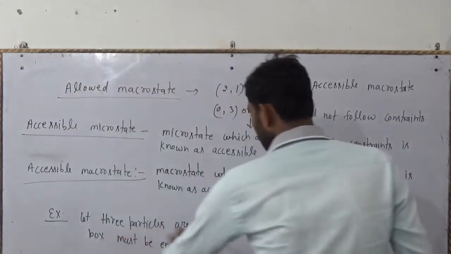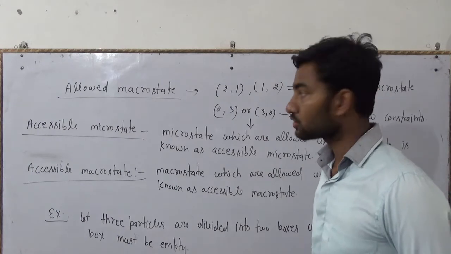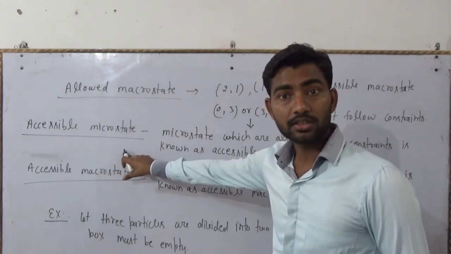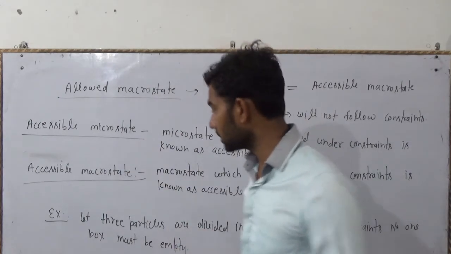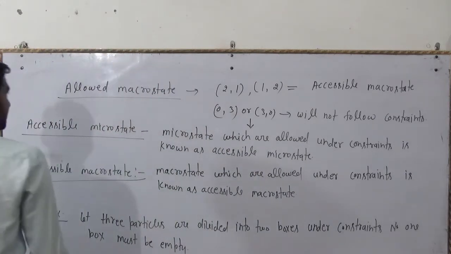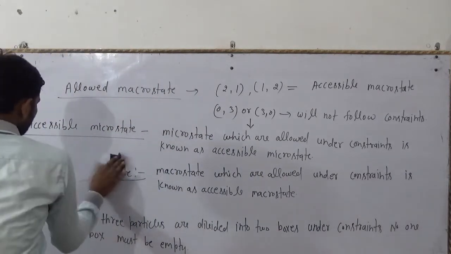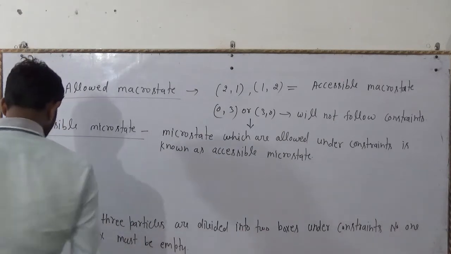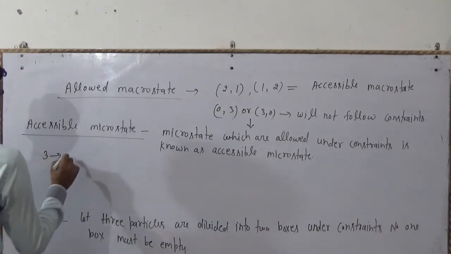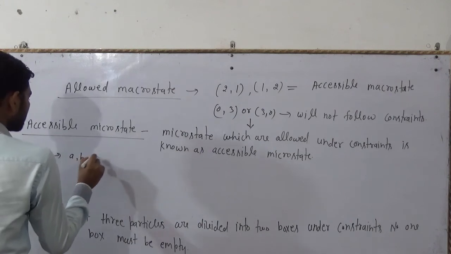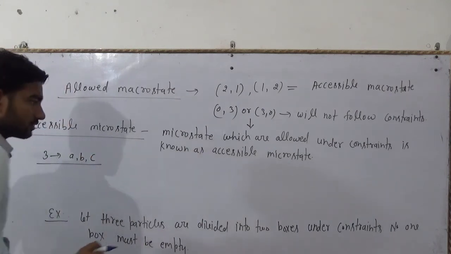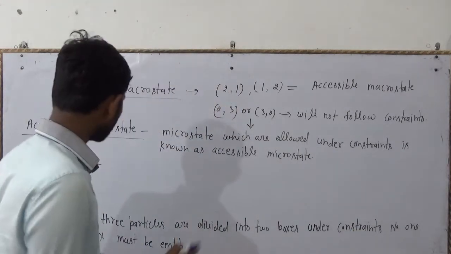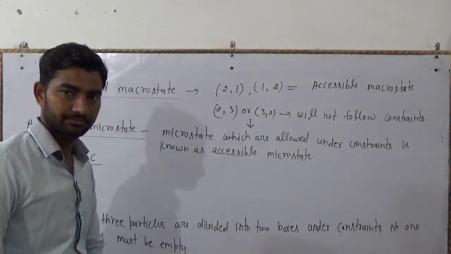We have taken three particles divided into two boxes, so for calculating the number of microstates we will choose three distinguishable particles A, B, C. The constraint condition is that no one box must be empty.